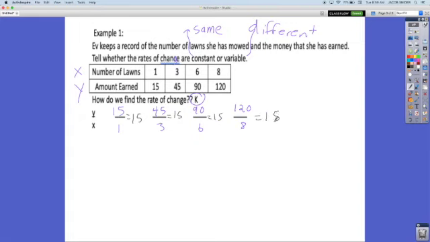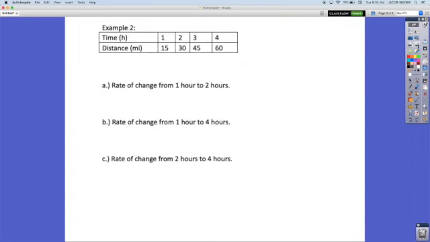So I can tell that they're all constant. Okay? So my answer would be constant. And my rate of change, or my K value, would be equal to 15. Okay? Everywhere are the 15s.